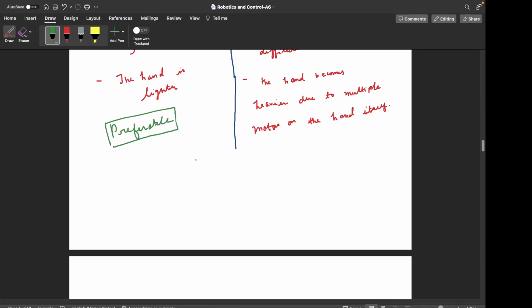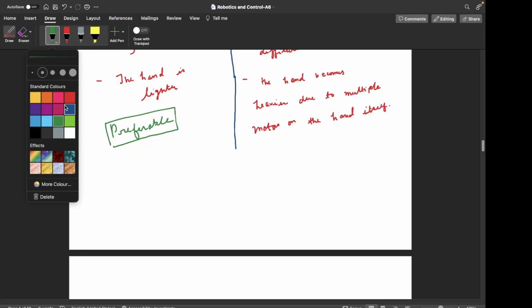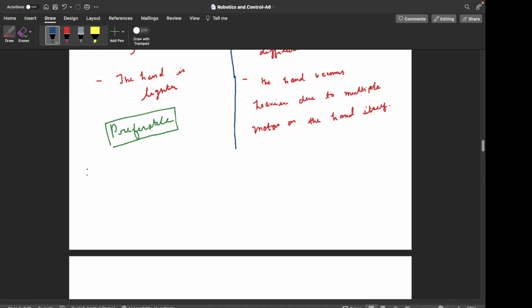Apart from this, just as a general comment, there are different types of actuation used in robotics applications.